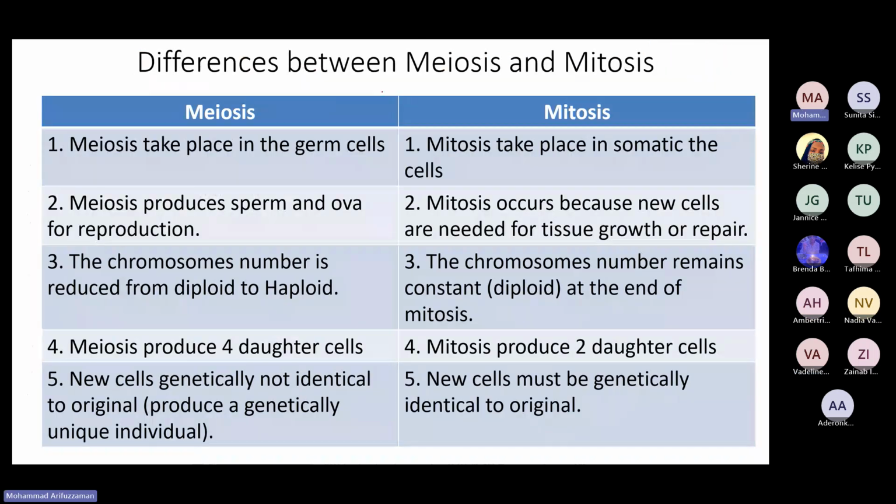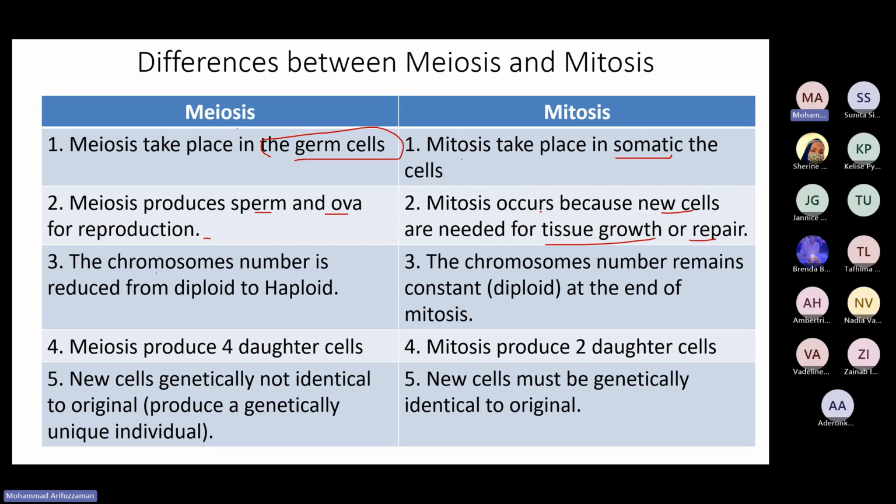So the difference between meiosis and mitosis: meiosis takes place in the germ cells and mitosis takes place in somatic cells. Somatic cells means the body cells. Meiosis produces sperm and ova for reproduction. Mitosis occurs because new cells are needed for tissue growth or repair.